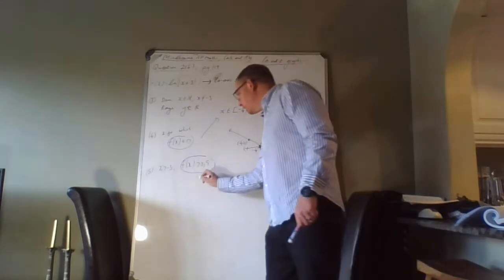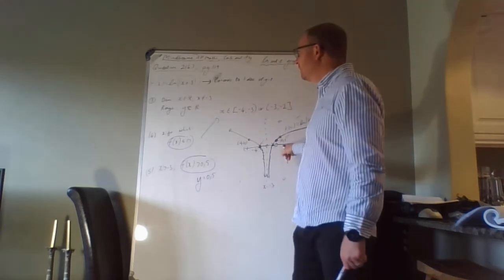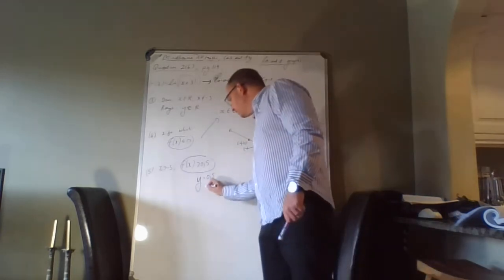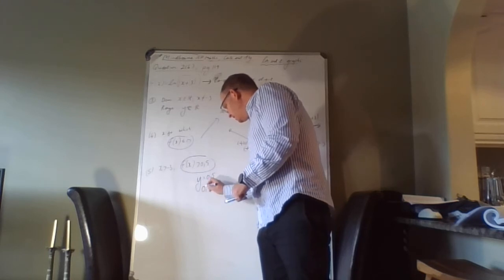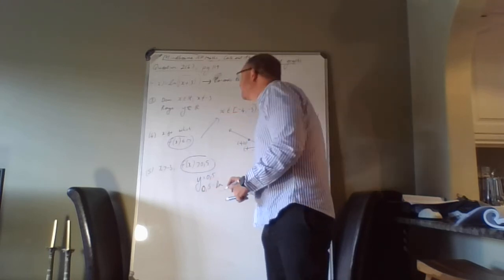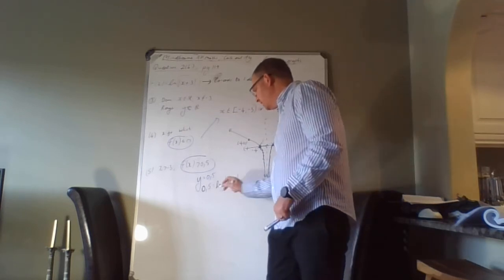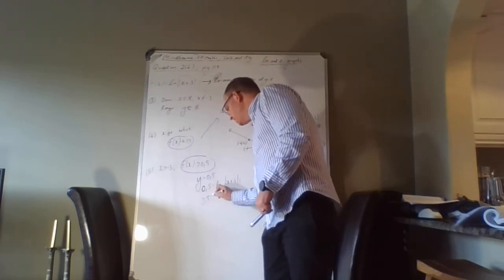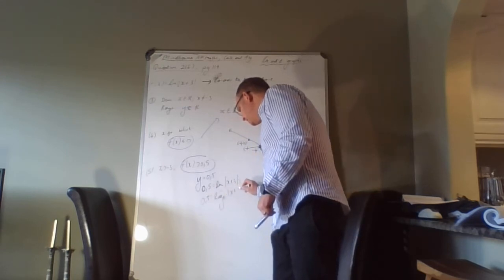So I want to know where y is equal to 0,5 on this graph, where f of x is 0,5. So I've got to solve this equation. 0,5 is equal to ln absolute value of x plus 3. So 0,5 is equal to log, you don't have to do this step, e of absolute value of x plus 3.